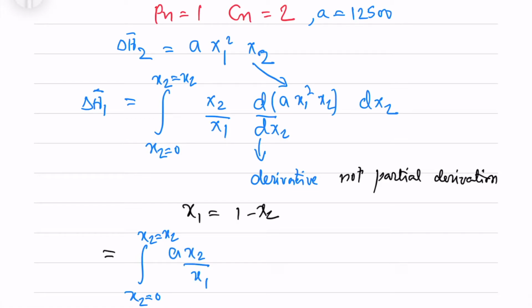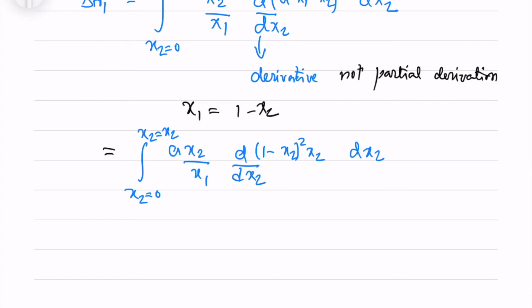A comes out because it's a constant. We have d by dx2 of 1 minus x2 whole squared times x2, into dx2. We can do this in two parts. First we differentiate with respect to x2, then we have 1 minus x2 squared, plus, taking x2 common and differentiating, 2 times minus 1 inside, then 1 minus x2.